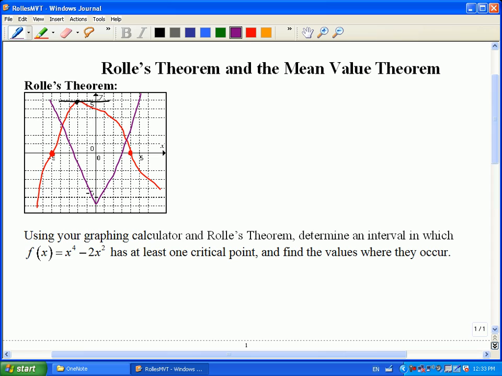So for Rolle's theorem to apply, what we need to have here is f is differentiable inside an interval, so everywhere inside it, and continuous on the whole thing.